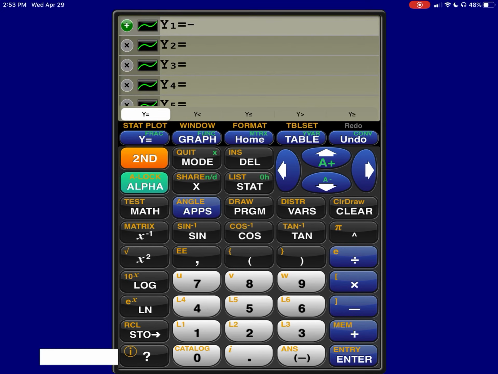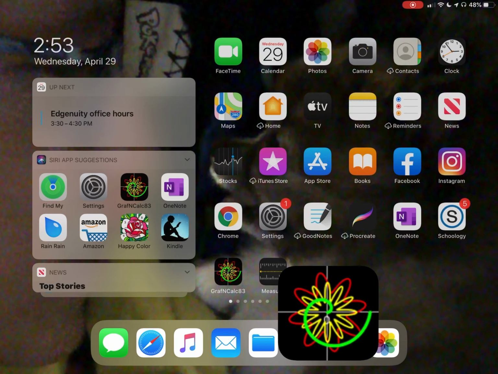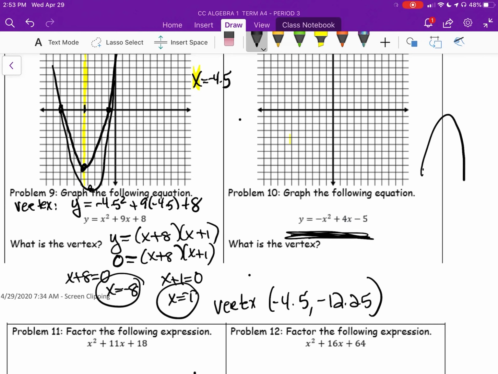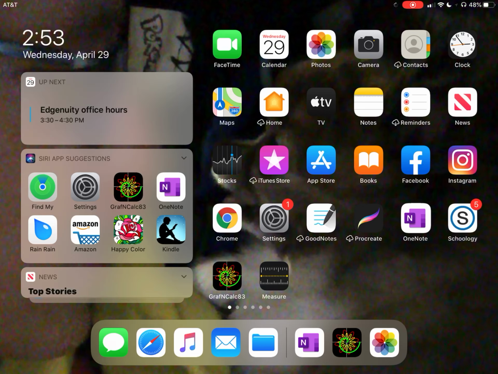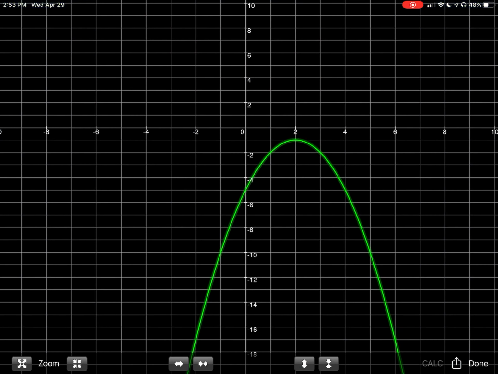So negative x squared plus 4x, and I think it's plus 5. Let me go back. Minus 5. So we're going to make this a minus, and then we're going to graph.